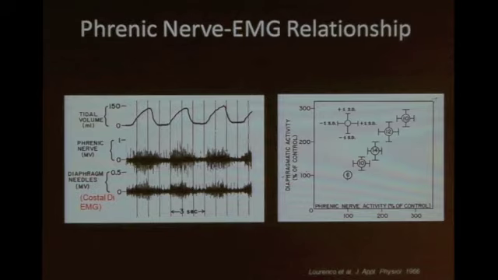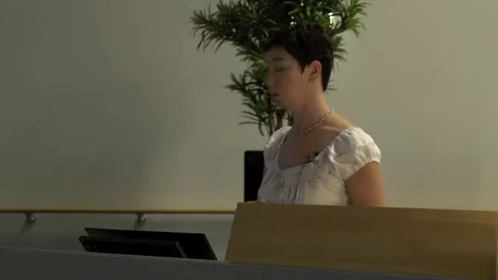And you can see here on the right, when he measured with an esophageal electrode the diaphragm activity and the phrenic nerve activity during resistive breathing in dogs, he found a proportional linear relationship. So yes, when people ask us, does the diaphragm activity reflect the phrenic nerve activity? If you have good neuromuscular transmission, it does reflect the final signal coming out of the brain.